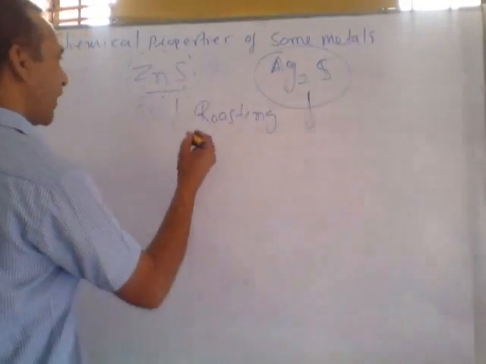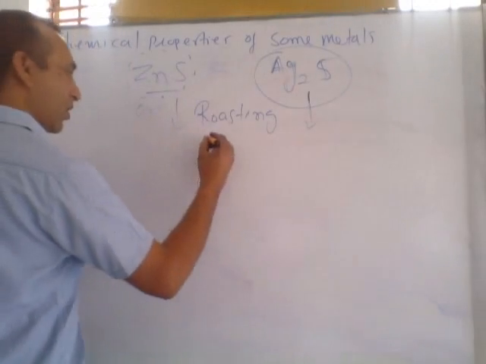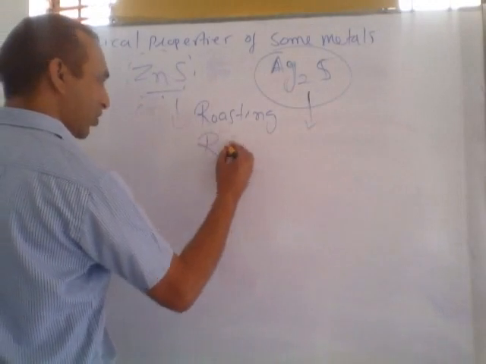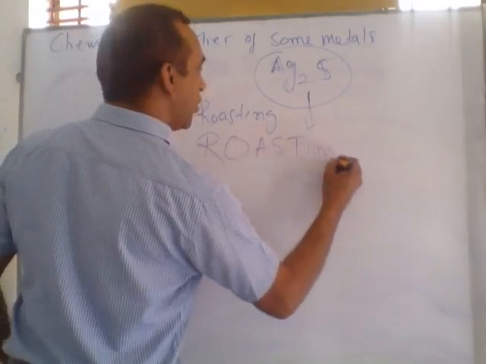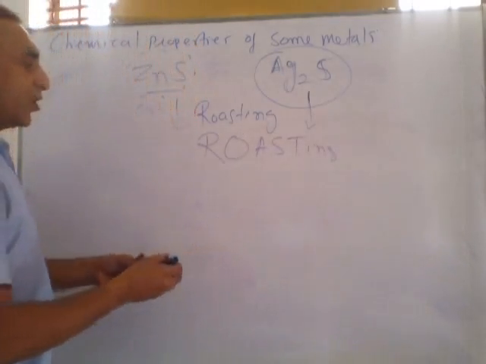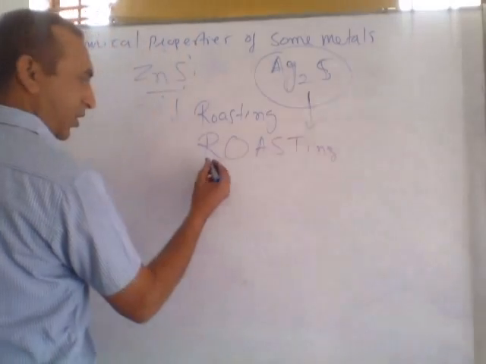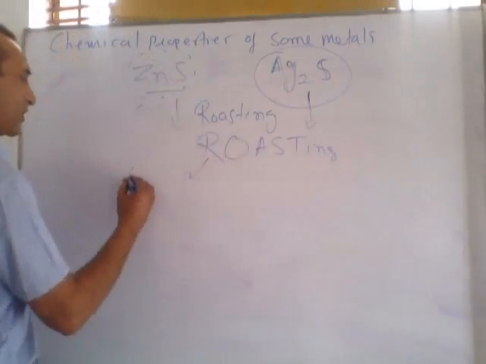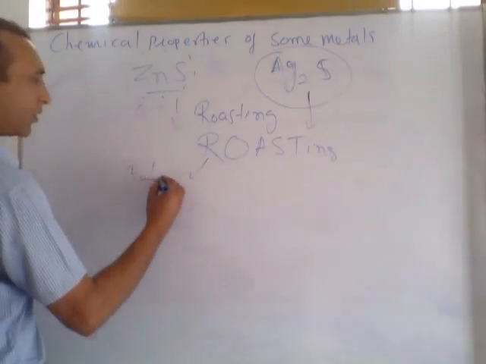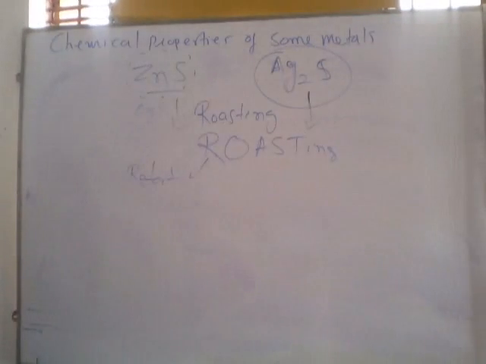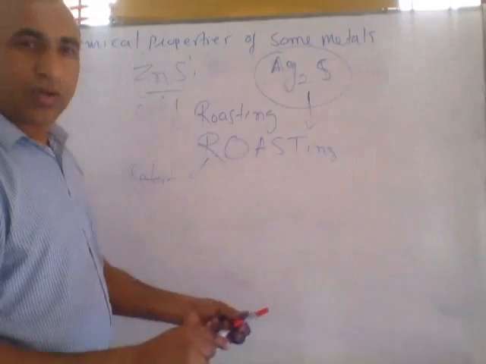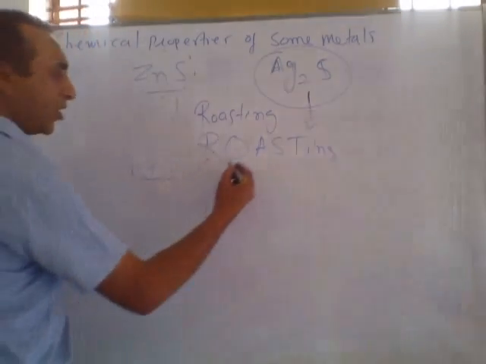In the roasting process, R means retort. A big container is used for roasting. The big container is called a retort. So roasting takes place in a retort.